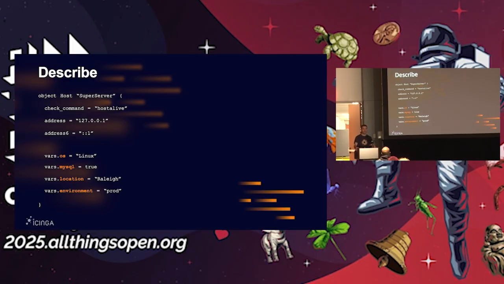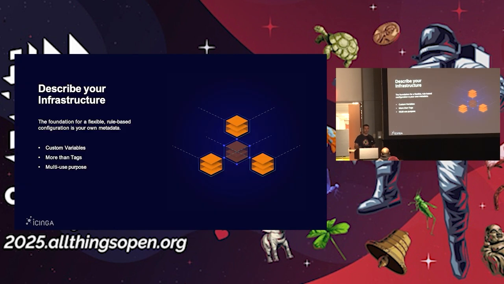I can later in my rule-based engine react to those custom variables and use them to make Icinga behave in a certain way. You are not limited to strings and booleans, you could also have arrays and dictionaries. So you can also iterate over things.